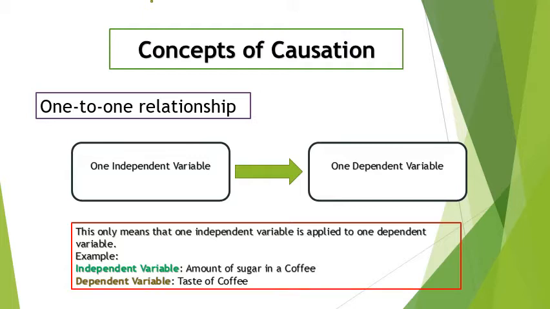Amount of sugar in the coffee is the independent variable, and the dependent variable is the taste of the coffee. Depending on the amount of sugar placed in the coffee, the taste will vary. If it is too plenty, then it will be sweet. If it's too few, then it will be bitter.